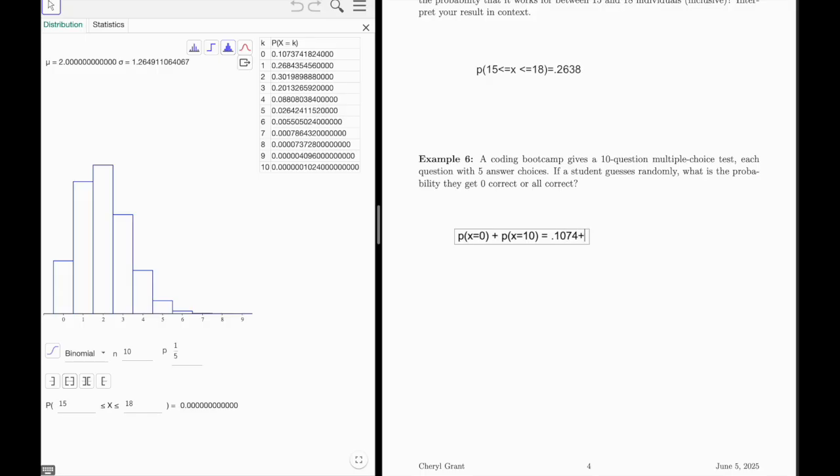So we're going to add that to the probability of them getting them all right, which in this case is 0.0000001024, and when we round that to 4 places, that's going to be a 0. So our answer is going to be 0.1074.